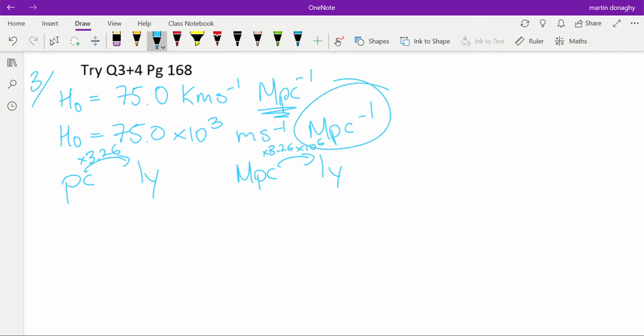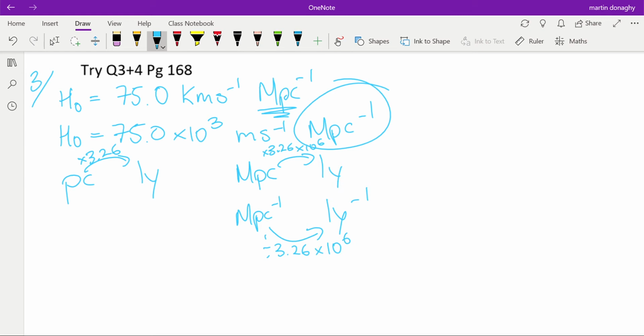However, if you notice, this is not megaparsecs, but per megaparsecs. So therefore, to get from per megaparsecs to per light year, we would have to divide by 3.26 by 10 to the 6.